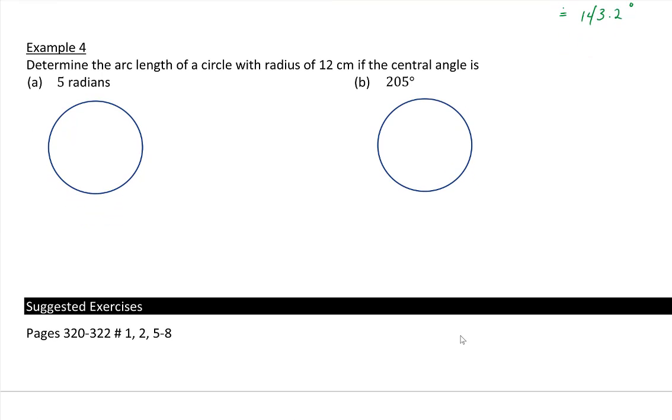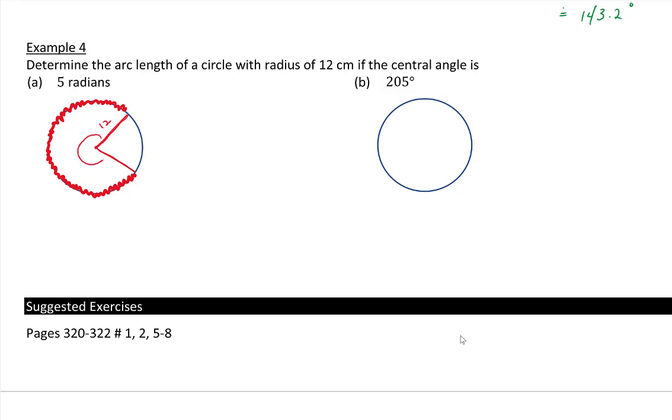And our last example. Determine the arc length of a circle with a radius of 12 centimeters if the central angle is 5 radians. So here's our radius, and we know we have a radius of 12. We're going to travel 5 radians inside this circle, and I want to know what the arc length is, so what distance did we travel around the circle.